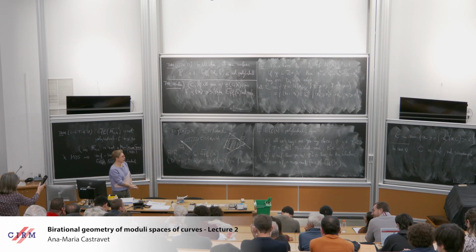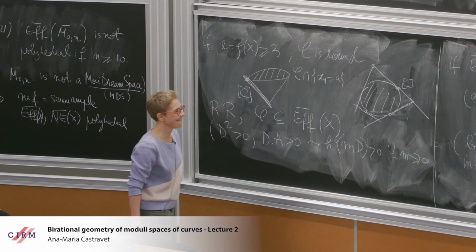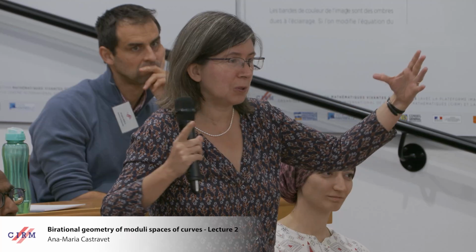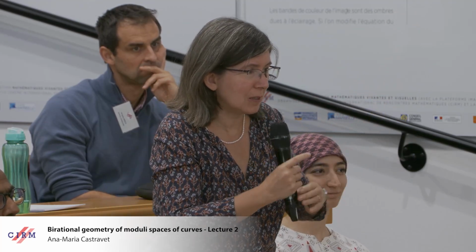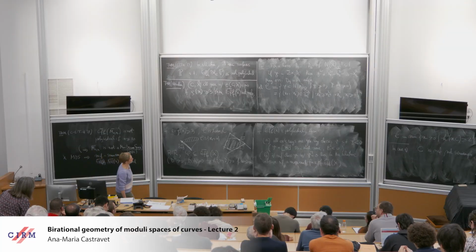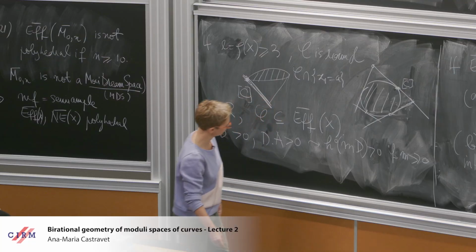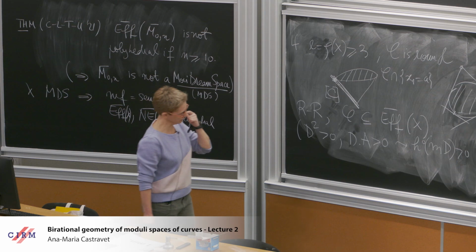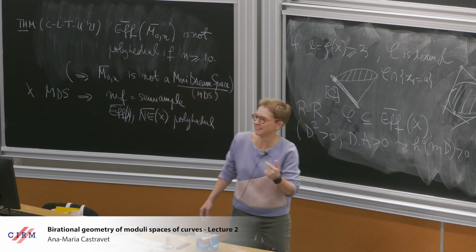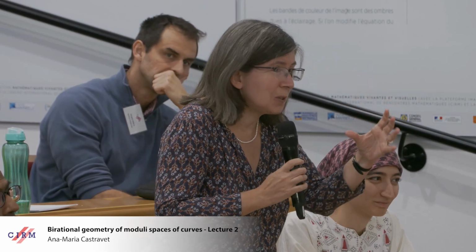On the blackboard, I don't understand why this polyhedral cone cannot be just much larger than the disk. Why can the boundary of the disk not be in the interior of the cone?